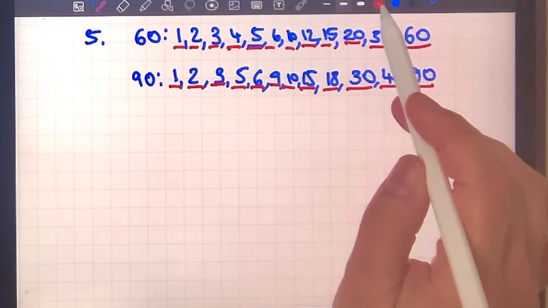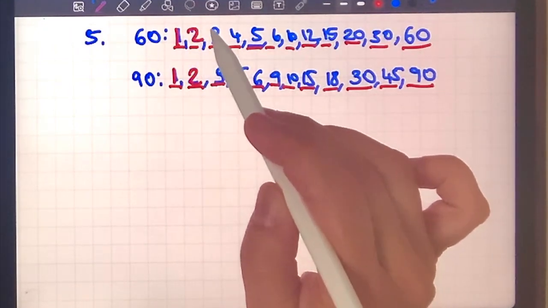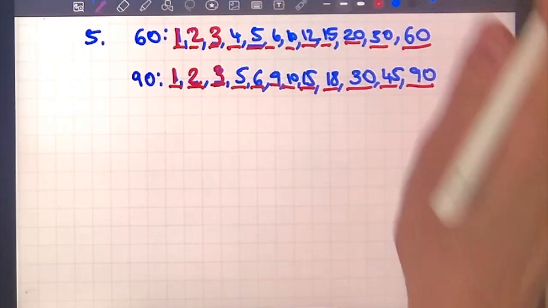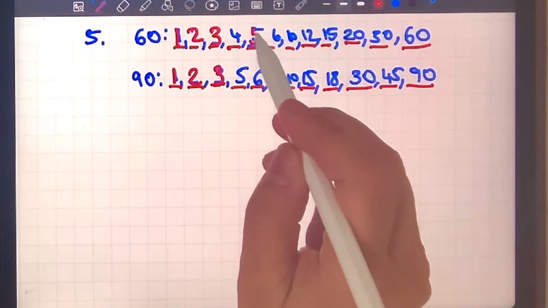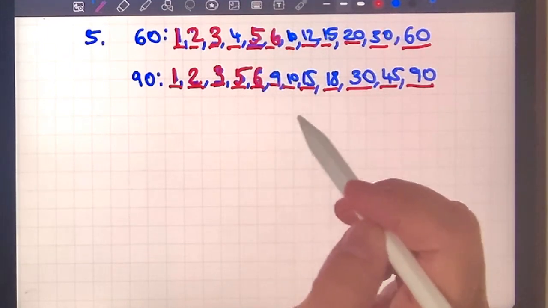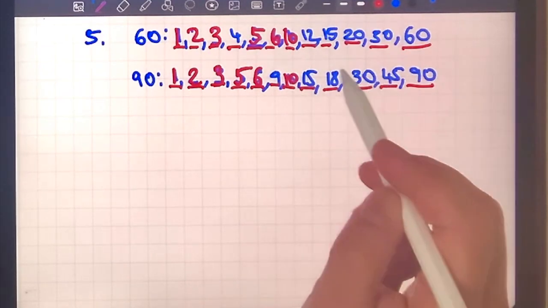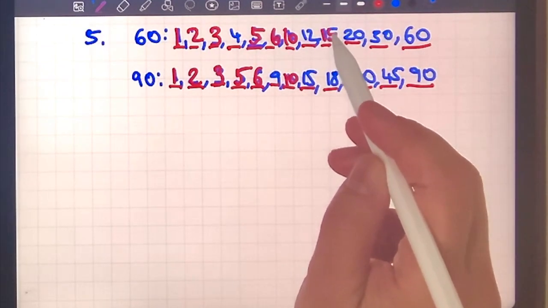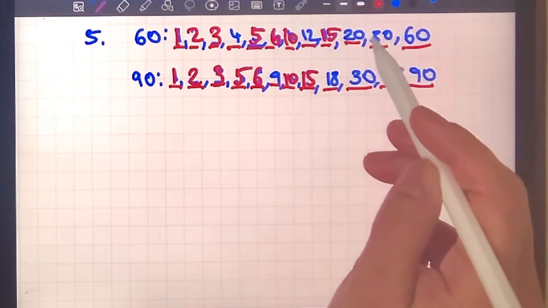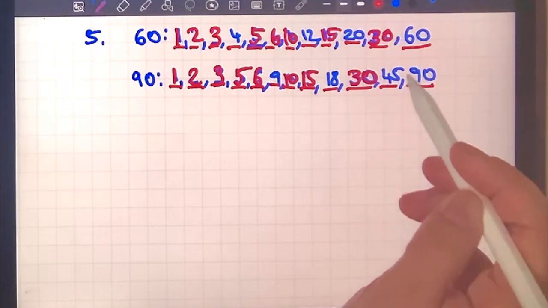Okay, so now I want to find my common factors. 1, 2, 3, 4 is not common. 5 is common. 6 is common. 9 is not. 10 is common. 12 is not. 15 is common. 18, 20 are not. 30 is common, and the rest are not.